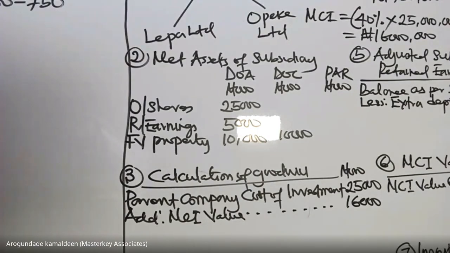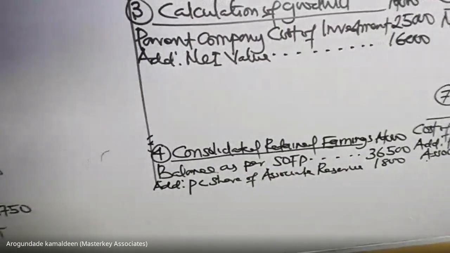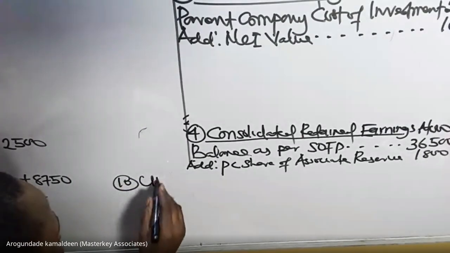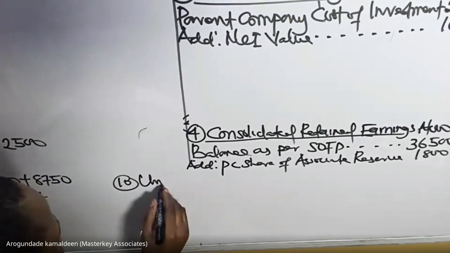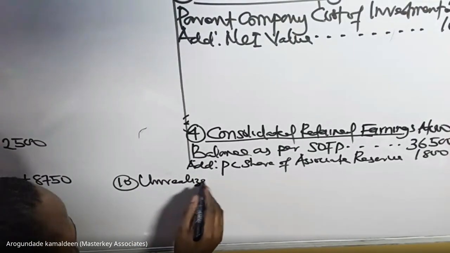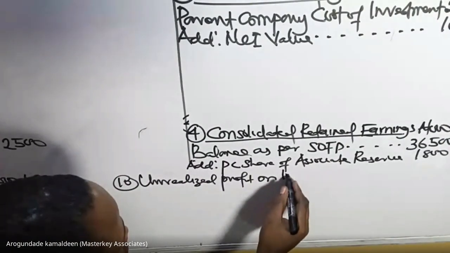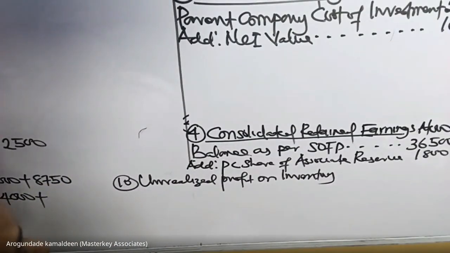Class, what do you have here? Profits. Working. Realized profit on inventory. You know, we are having two things here now.